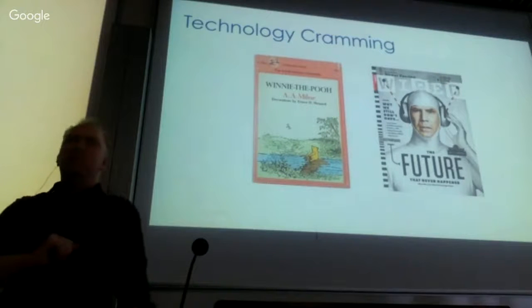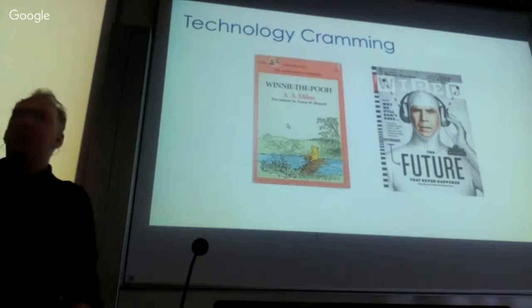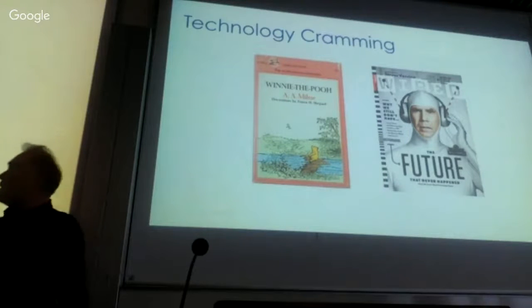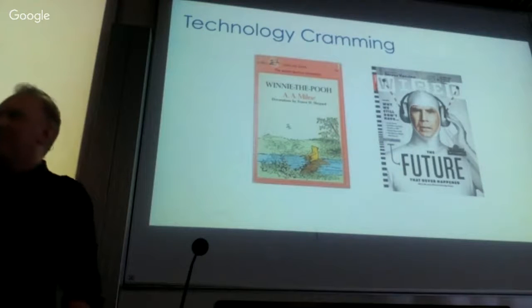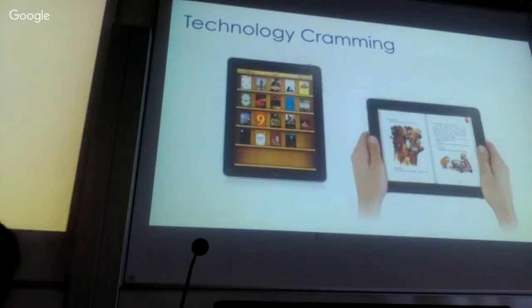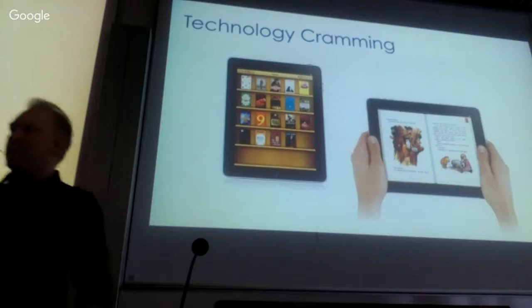So then Steve Jobs and Apple come up with the iPad. Now what can you do with an iPad? Well, you can read books and magazines. Perfect. And how do we do that? Well, you have a bookshelf, and you turn the pages. So the trap again. Now you have this device.